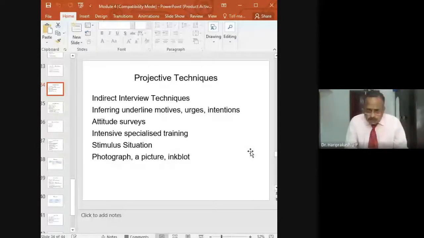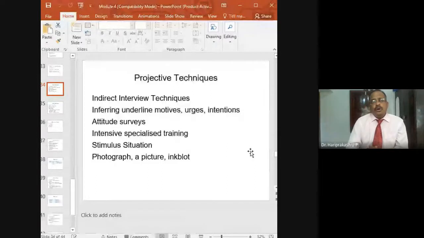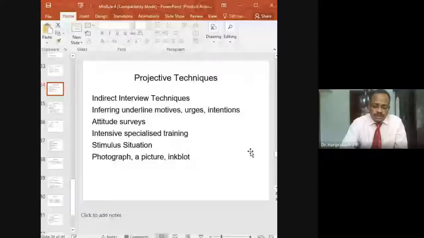If you are an expert in psychology, if you observe an individual's behavior and what he speaks, you can analyze his personality. Got it? So that helps uncover motives, which will help research. That type of technique is called projective techniques.